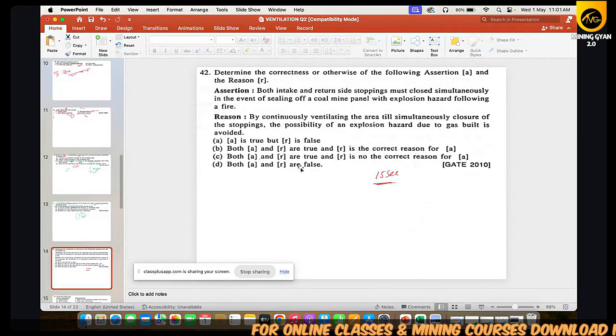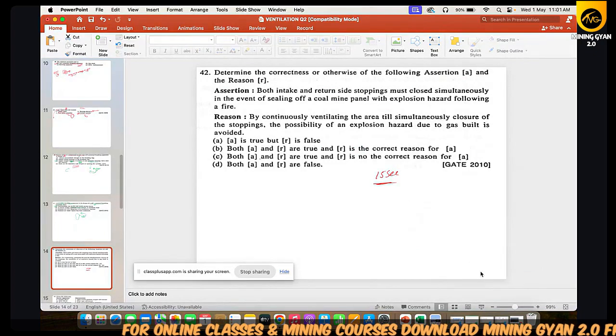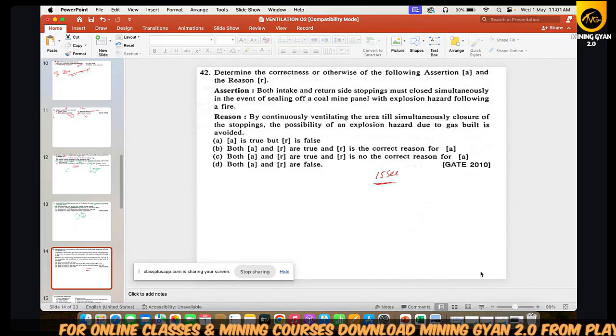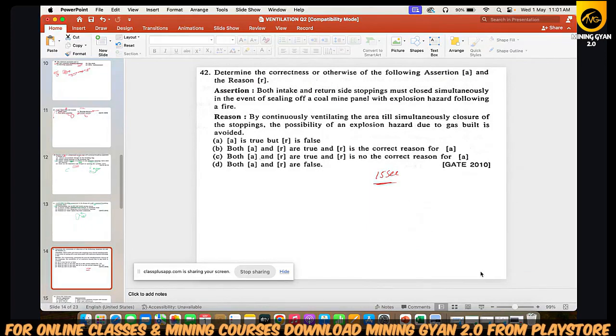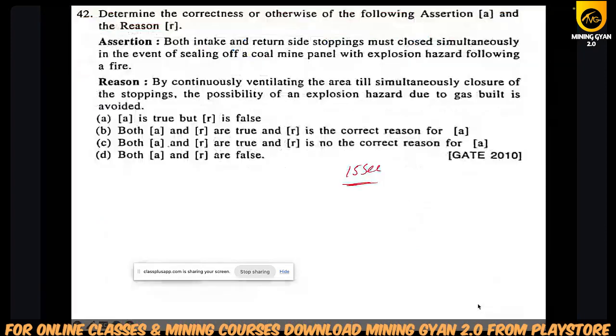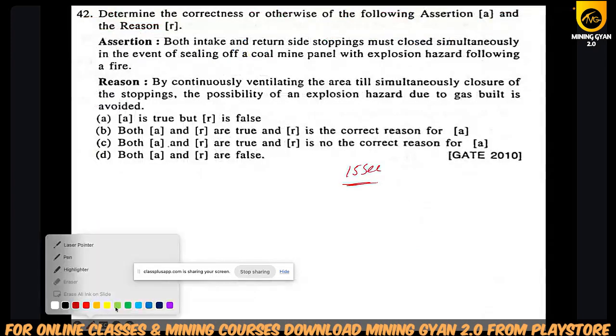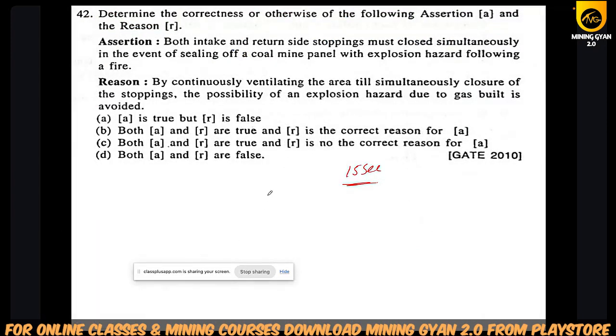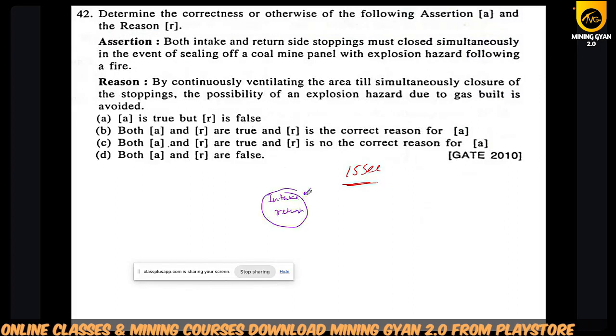The assertion says that both intake and return side stoppings must close simultaneously in the event of sealing of the coal mine panel with explosion hazard following a fire. So what he is saying is that we have to close intake as well as return in case of hazard in the coal panel.